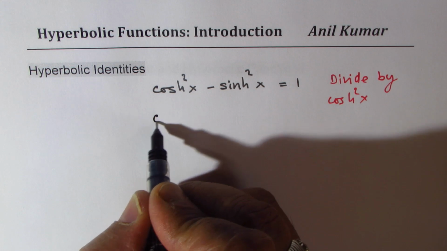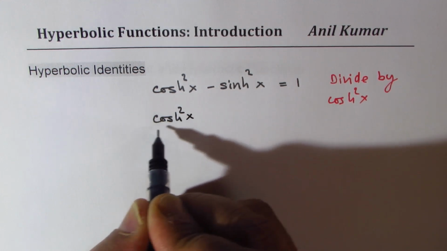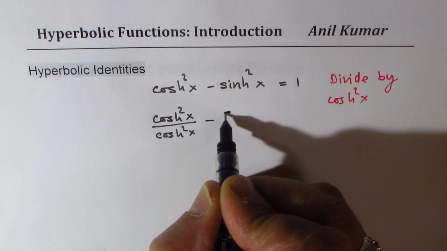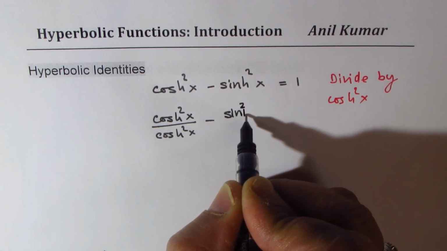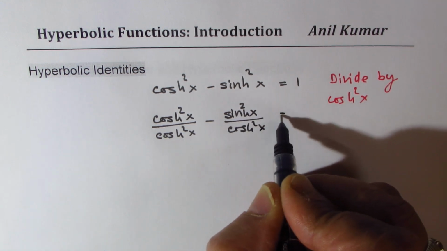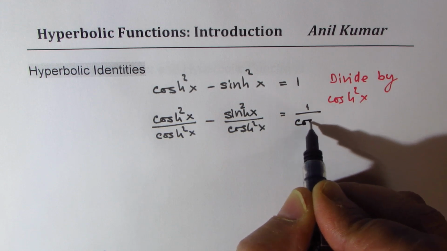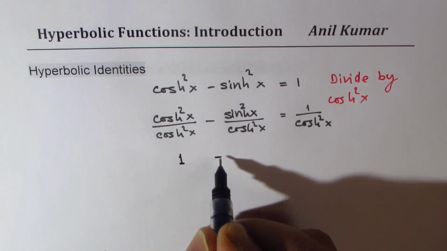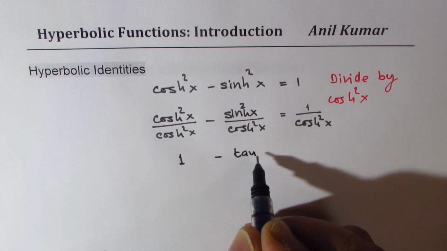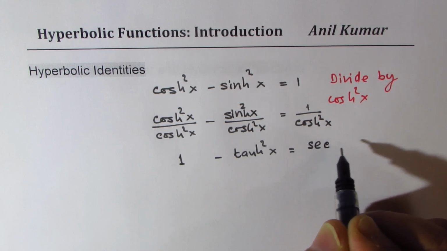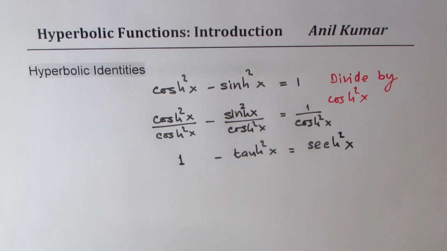So if you do that, you get cos hyperbolic square x divided by cos hyperbolic square x minus sine hyperbolic square x over cos hyperbolic square x equals 1 over cos hyperbolic square x. Now this term is 1, and here we get tan hyperbolic square x, and this is secant hyperbolic square x, right? So that's the next identity, correct?